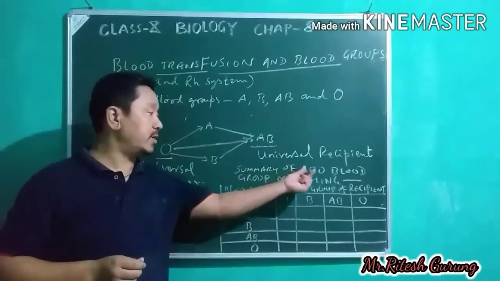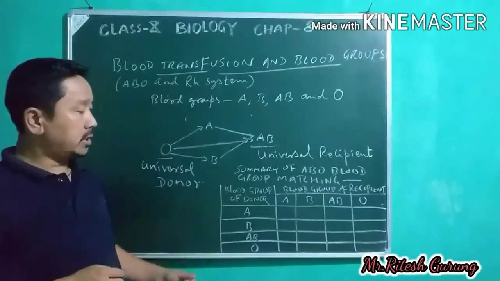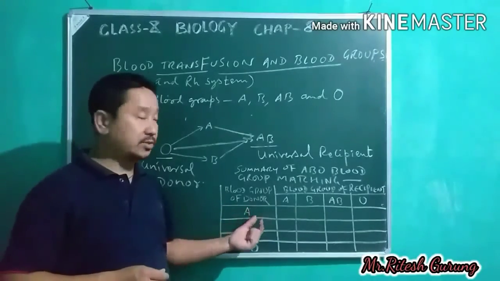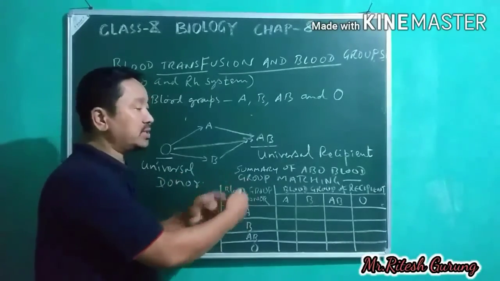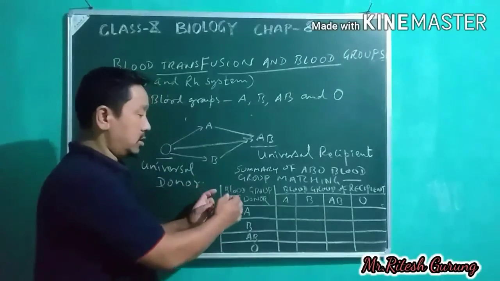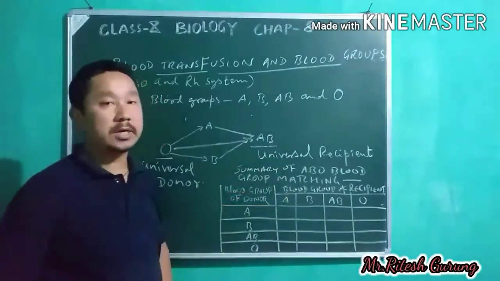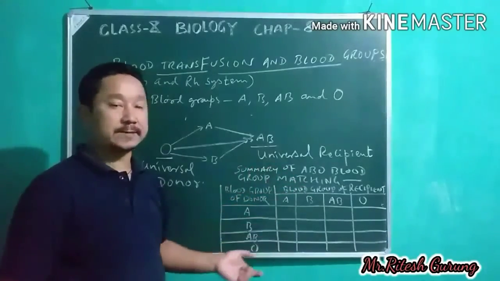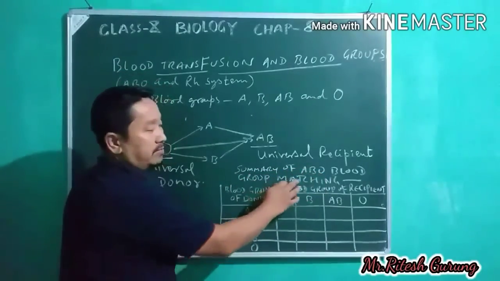The summary of ABO blood group matching. I have already drawn this chart where you can see which particular blood group can donate the blood to which particular group. This is the summary of ABO blood group matching.